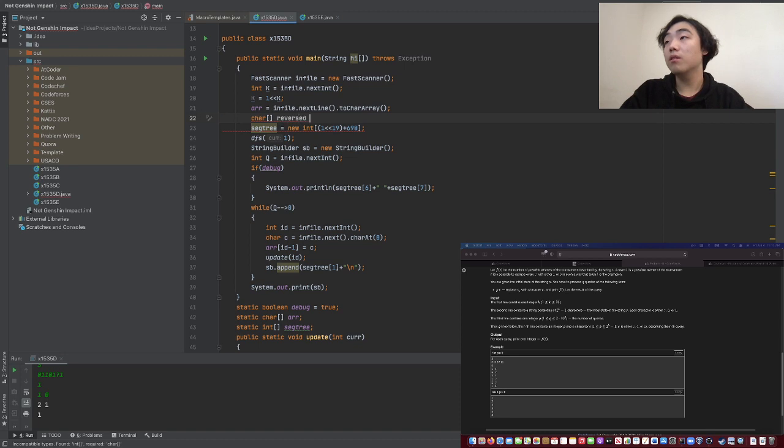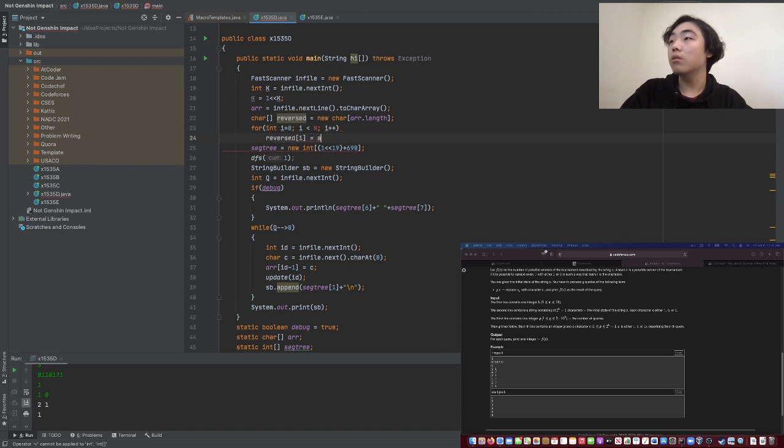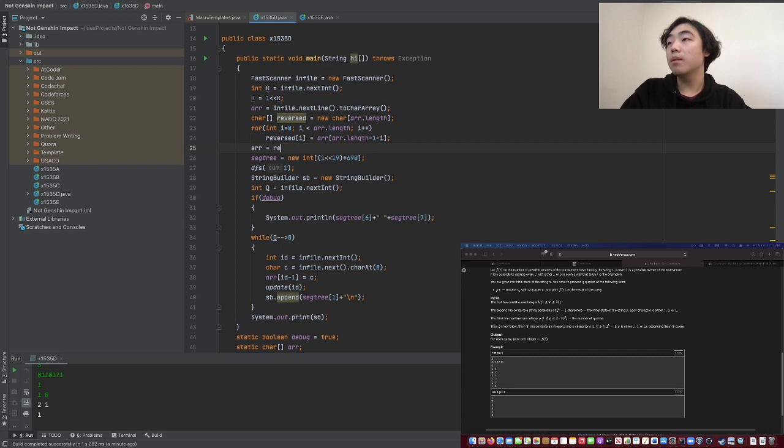Char reverse is equal to new char at array.length. So reverse at I is equal to array.length minus I minus 1. And then array becomes reversed.